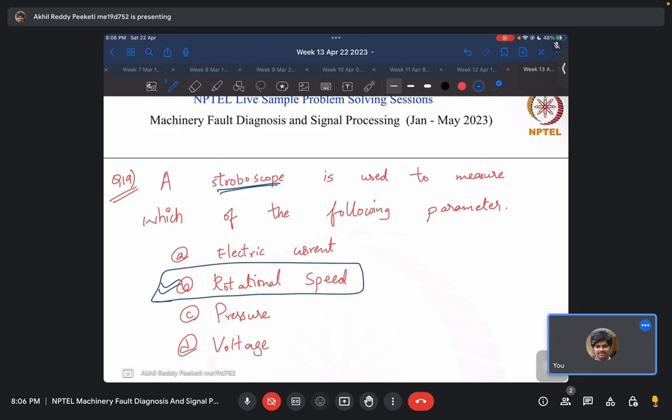If the frame rate of the camera matches the frame rate of some rotating object, that object feels stationary. That is the main principle the stroboscope works on, and it is used to measure the rotational speed of an object.